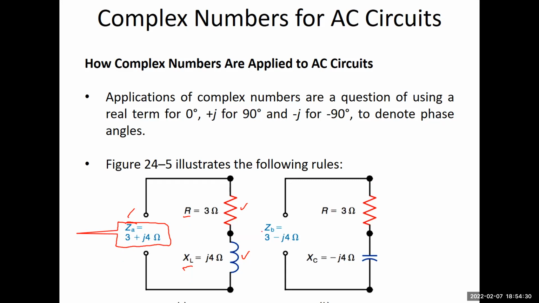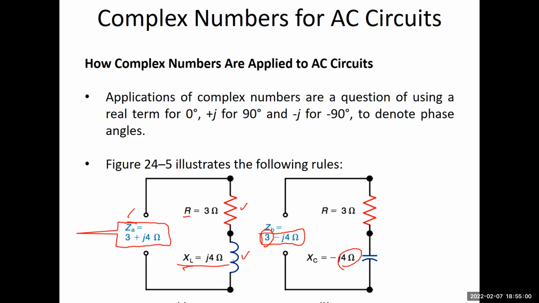So for impedance B, we have 3 minus j4, but when we say 3 minus j4, we have a resistance of 3 ohms and a capacitive reactance of 4 ohms, or negative j4 ohms. So remember this one.